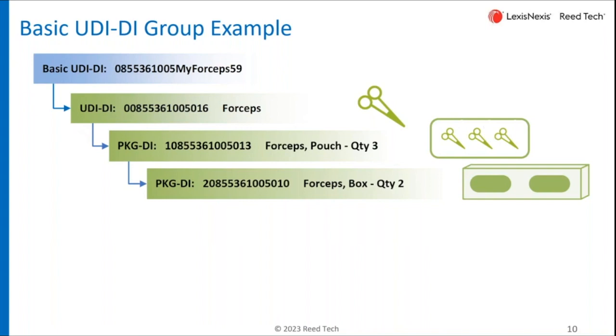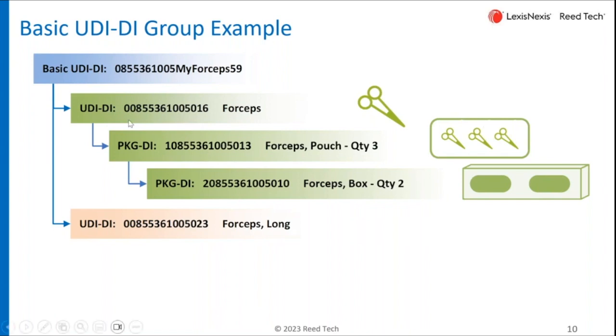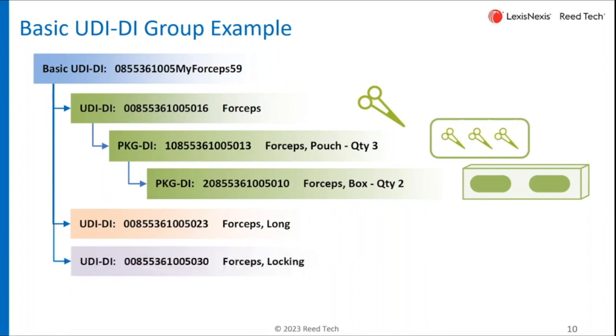Let's say you also have in your portfolio forceps that have an extra long end to them for extra reach or whatever, and you have a different item reference. In fact, this is 01, this is 02 down here for a different particular model or version. And it doesn't stop there. This is just for illustrative purposes only. Maybe you have another version that has a locking feature on it, and it has its own item reference number, and it could have packaging levels connected to it.